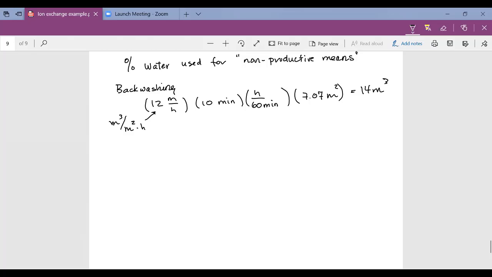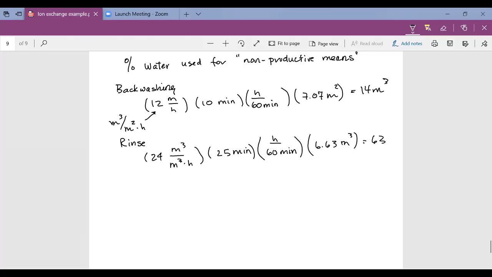For rinsing, we have 24 bed volumes per hour, or meters cubed per meter cubed per hour, for 25 minutes times the volume, and that equals 63 meters cubed.